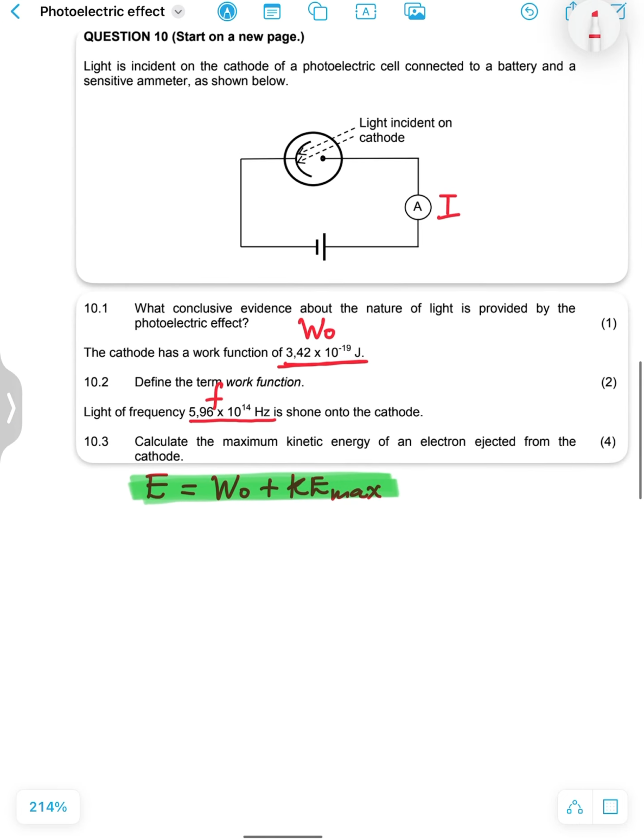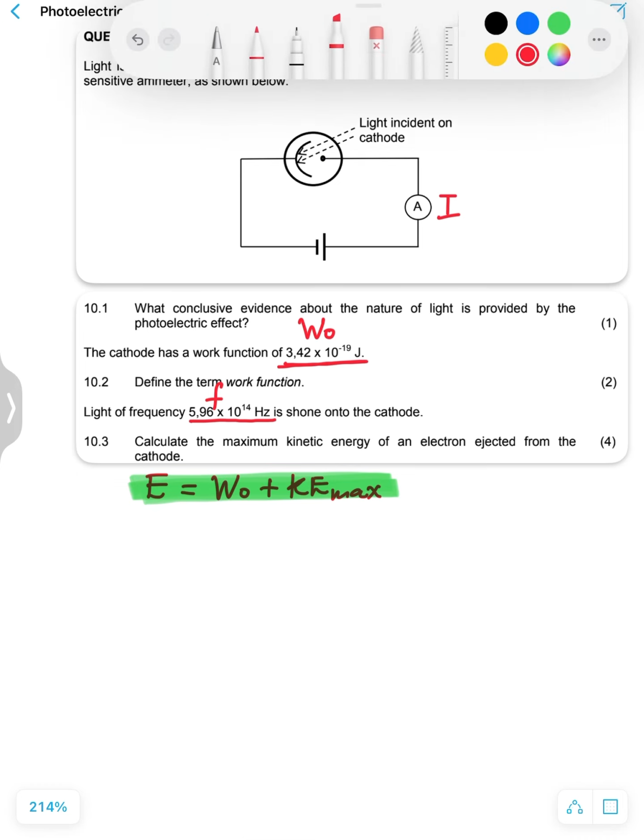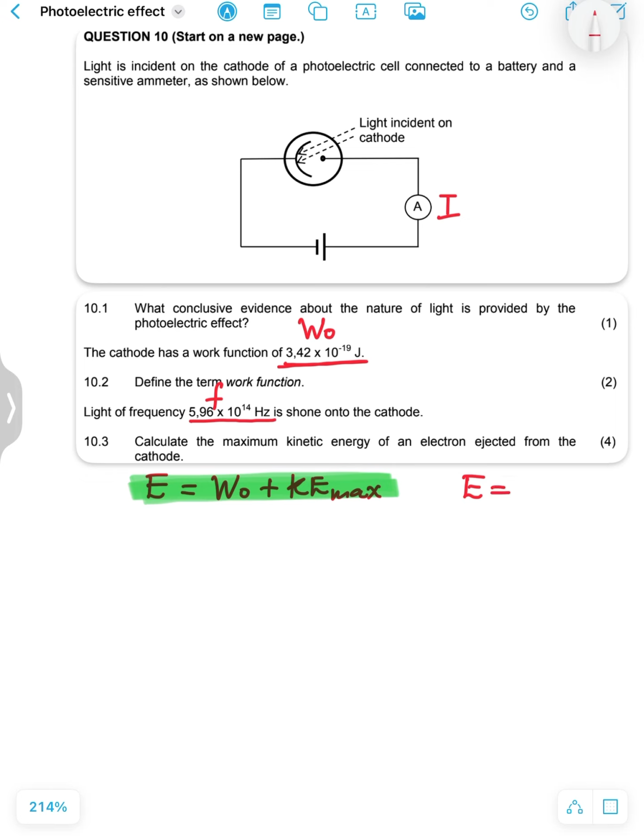All right, so what is the value of E? The value of E represents the energy of light or energy of photons. What you need to do here is to break it down. We know that E is Planck's constant multiplied by frequency, or if you are given wavelength, it is hc over wavelength.